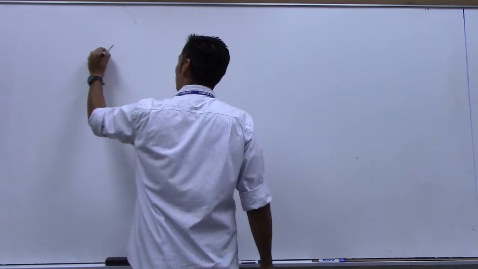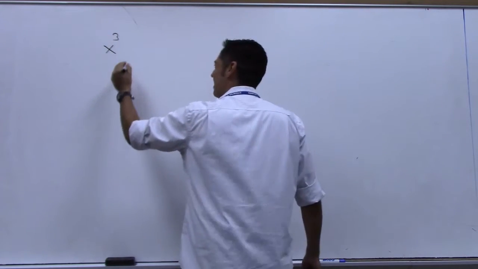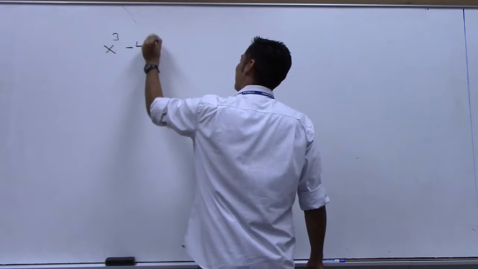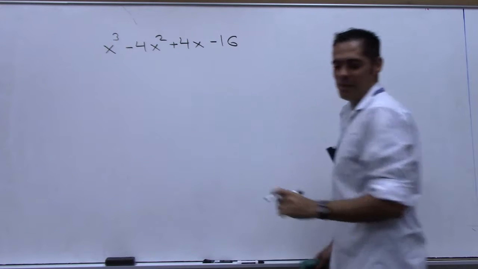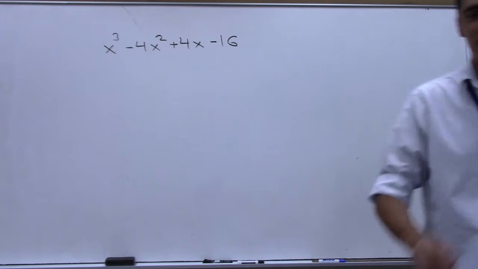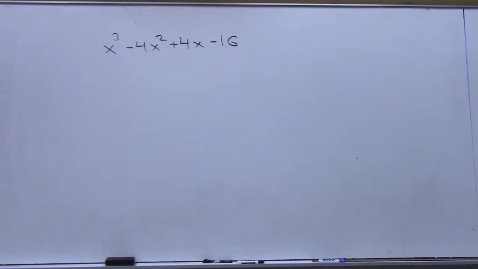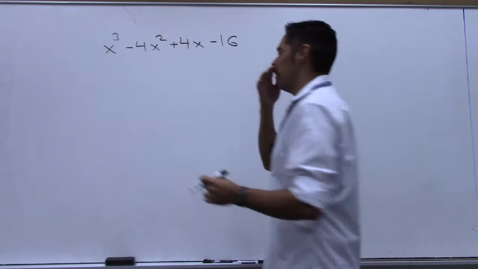What was it again? X cubed minus 4x squared plus 4x minus 16. All right. Let me show you something and see if you like this or not. What did we say the zeros of this were? When I started the problem, I said get to this, right? But where did it come from again? I told you x was 4, 2i, and negative 2i, right?